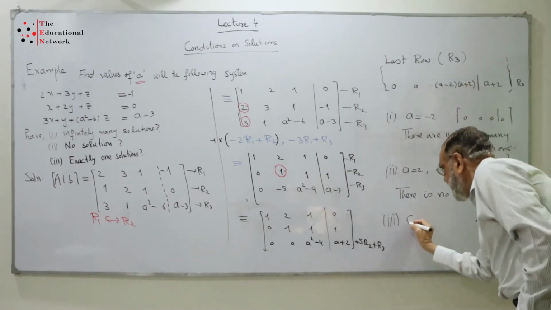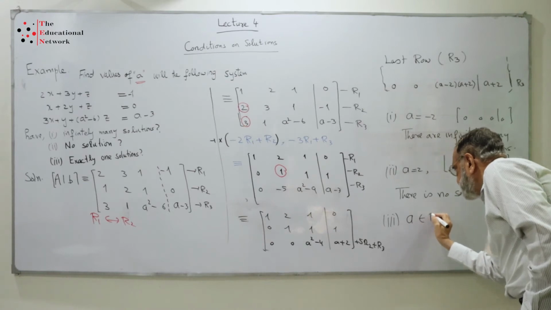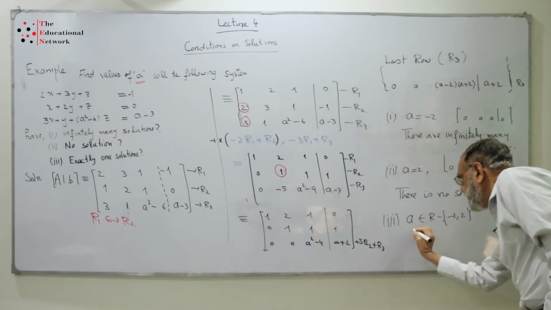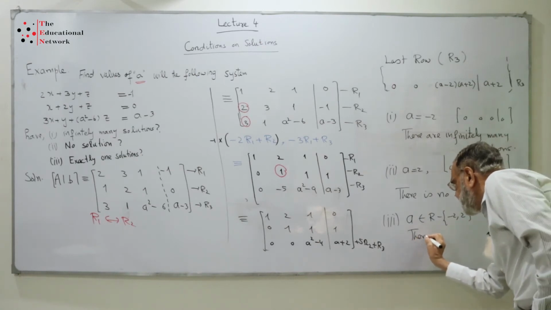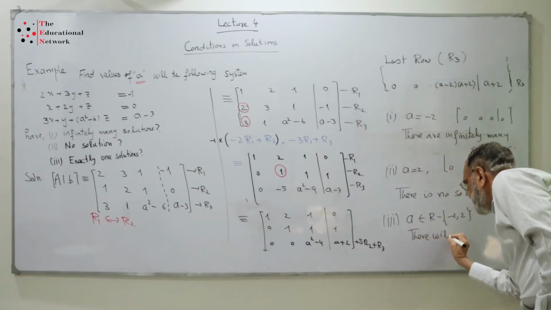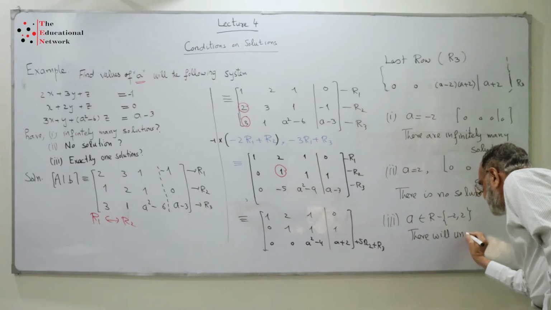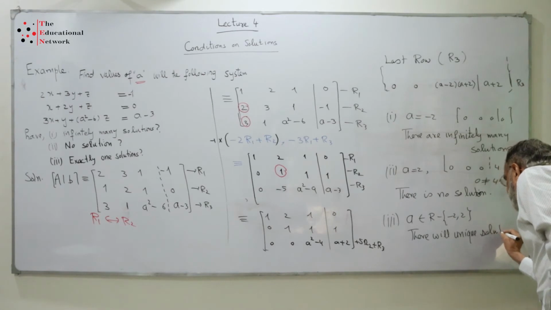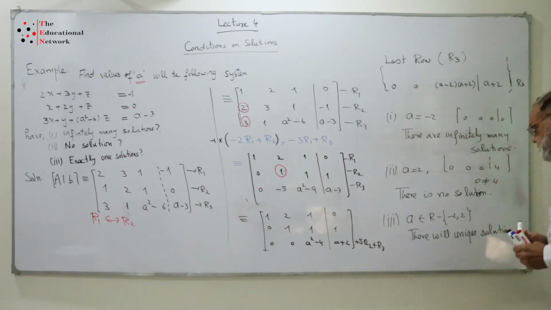So we say if A is any real number except -2 and 2, there will be only one solution. We say unique solution.